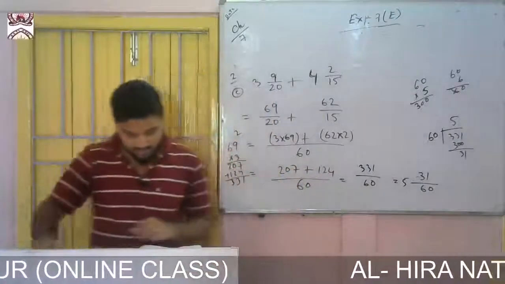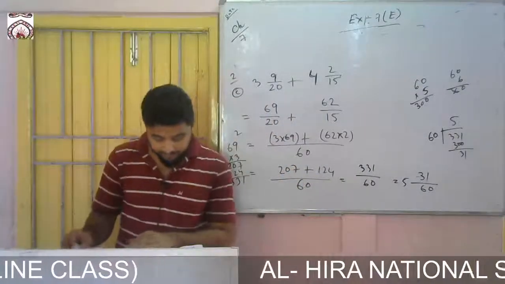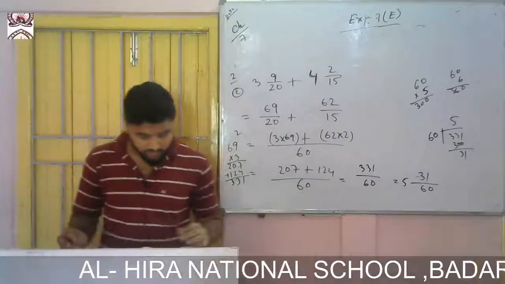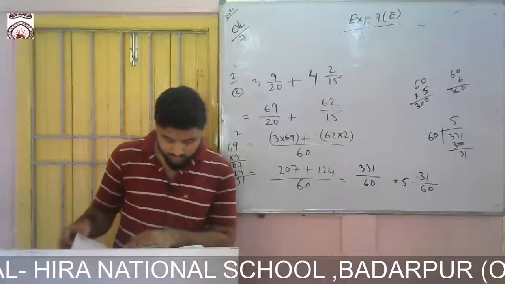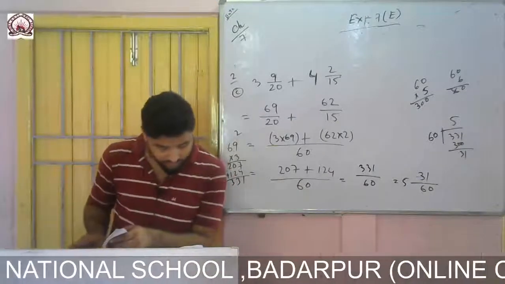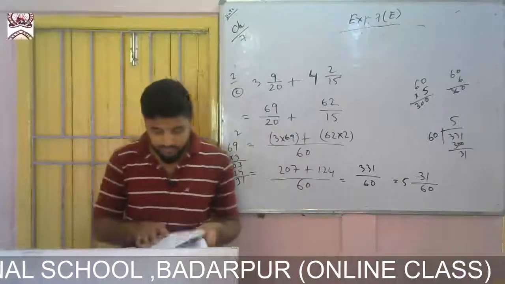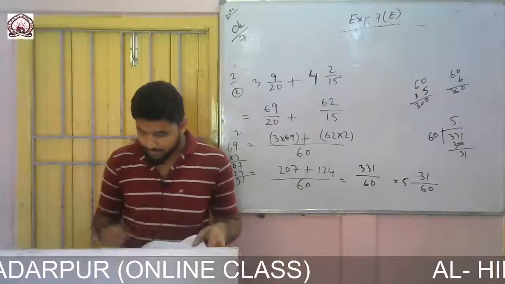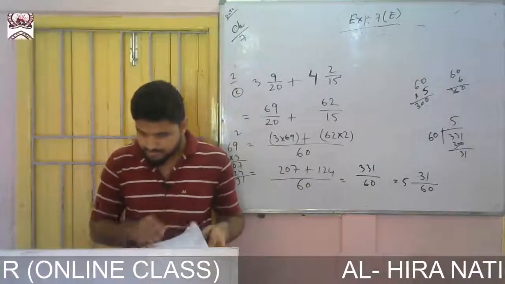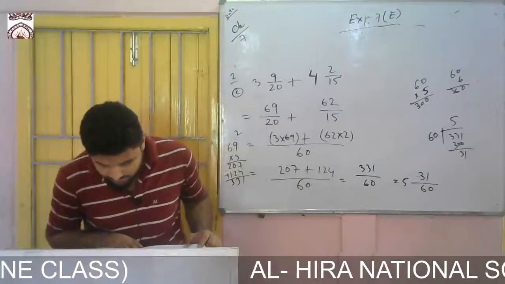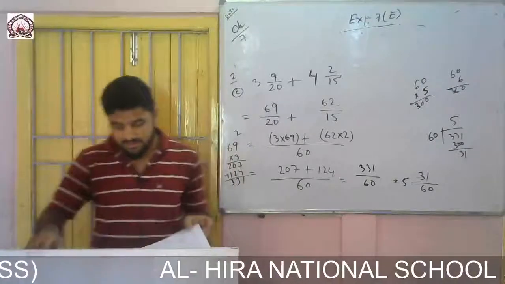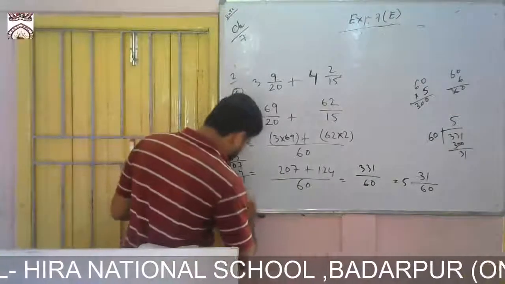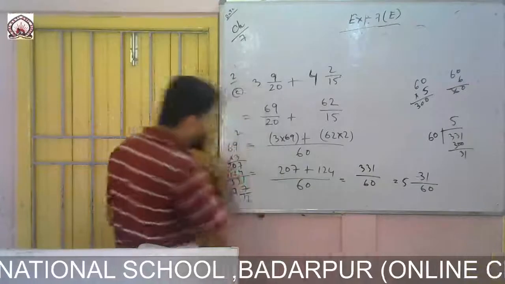Let me check once again the answer. Question number 7, exercise 2C. Answer is 7 by 12. Okay, let me do this one again.